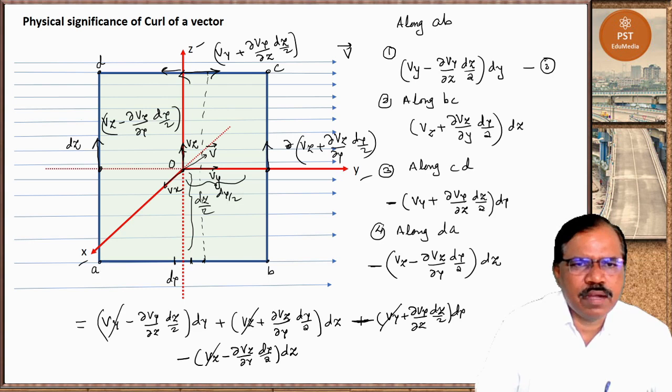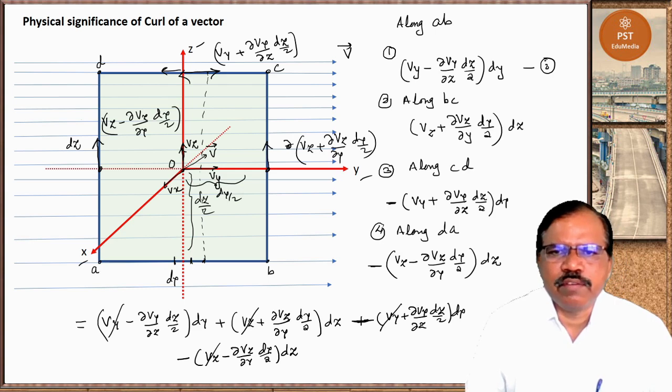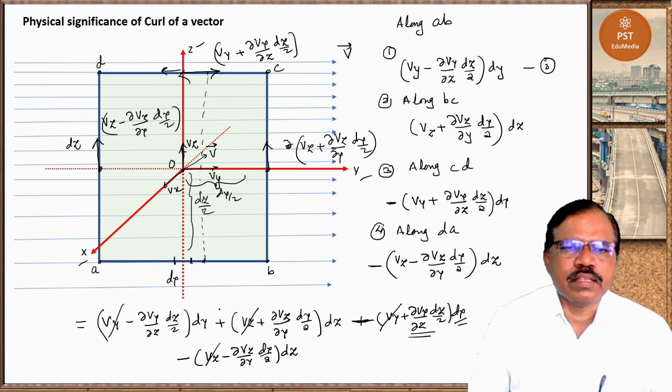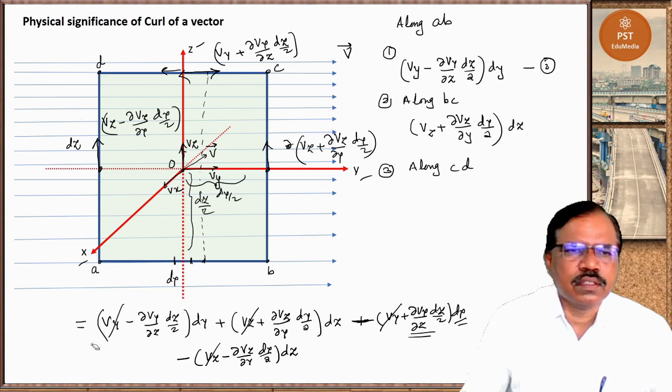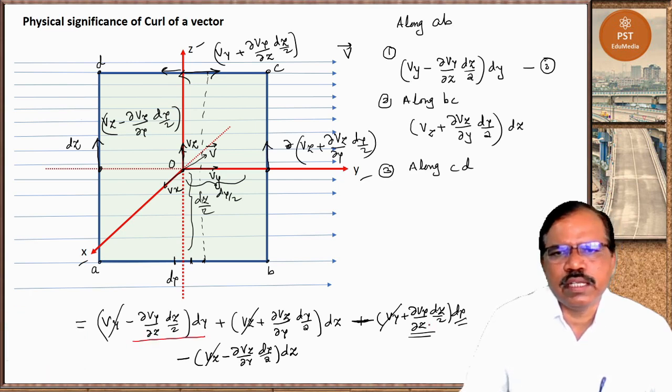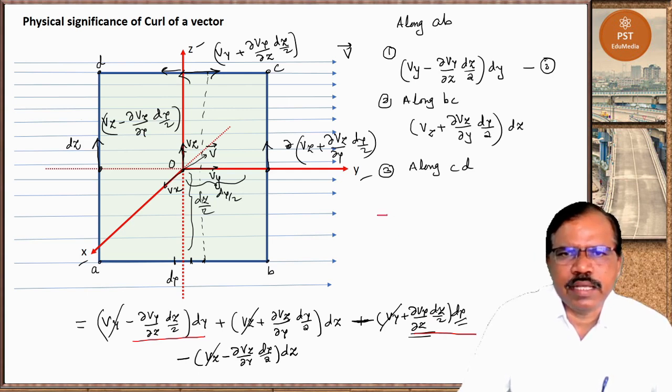Now here minus ∂Vy/∂z into dz/2 and minus ∂Vy/∂z into dz/2 into dy, they will give you, in total, minus ∂Vy/∂z into dz dy.